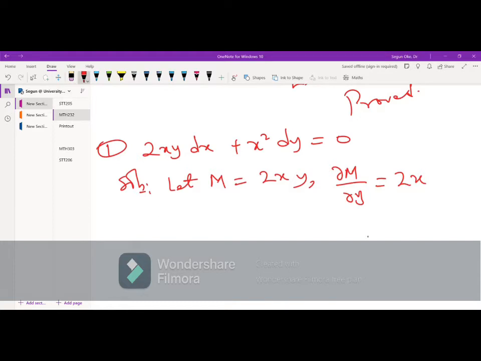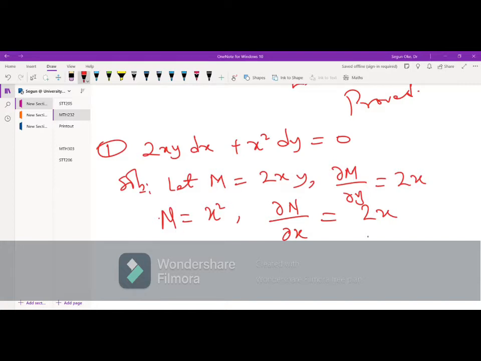So now our N is equal to x squared. So we need to differentiate the N with respect to x. What is ∂N/∂x? 2x. 2x, correct. Some of the questions can list all those equations in different forms and ask you to prove the exactness.